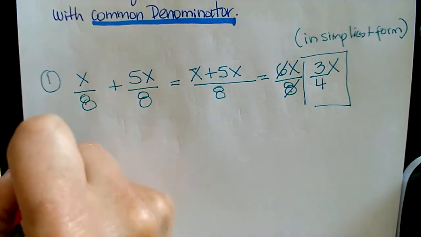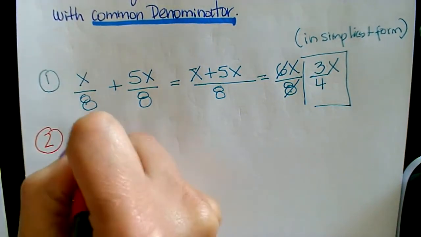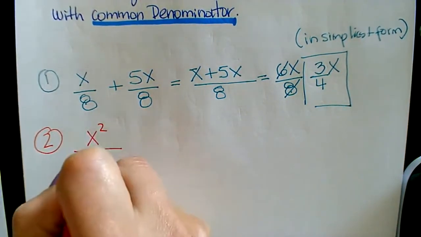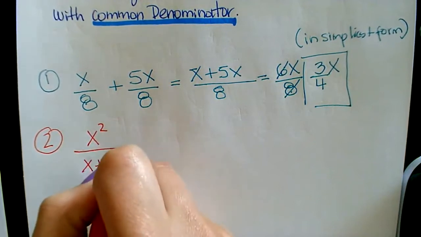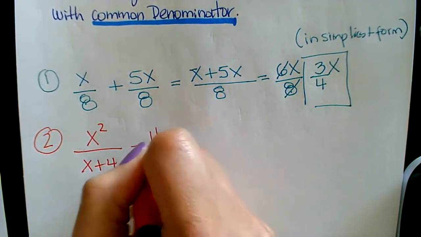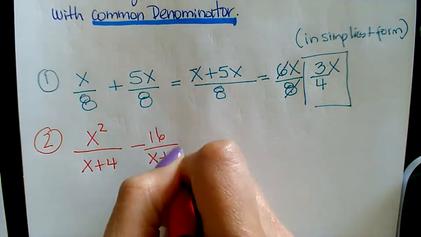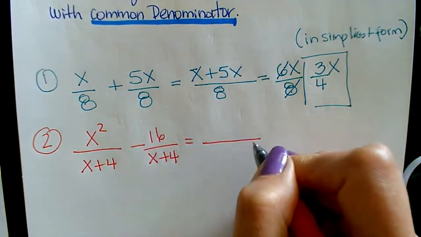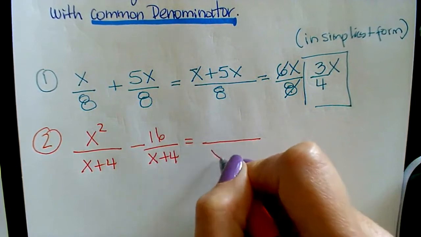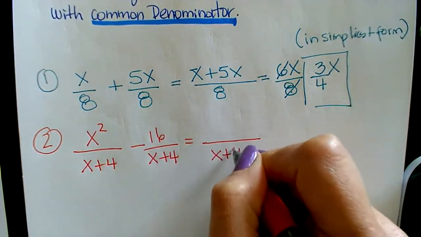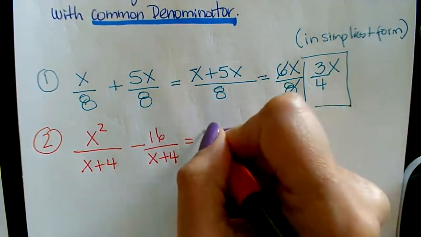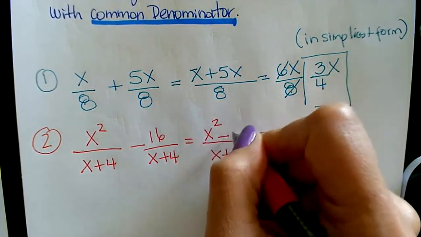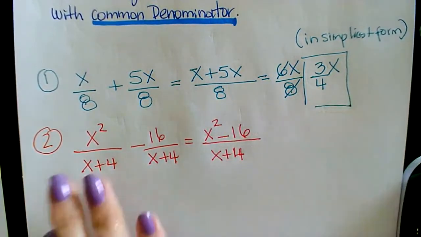This one. x squared divided by x plus 4 minus 16 over x plus 4. Again, we have the same denominator, so I keep that common denominator. And what do we do with the numerators? I just combine them.